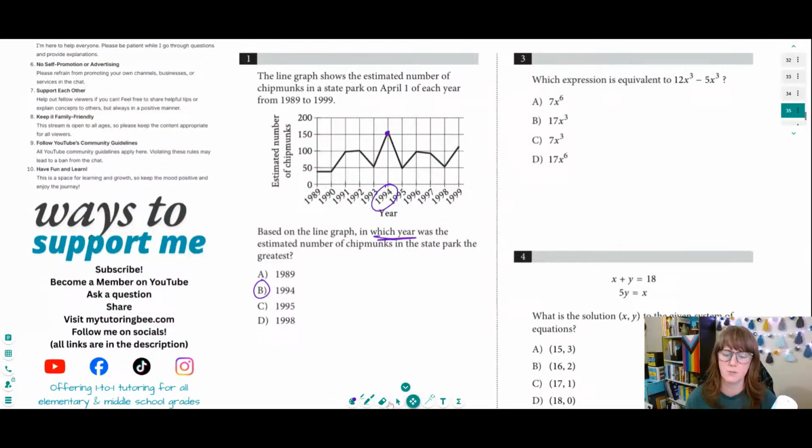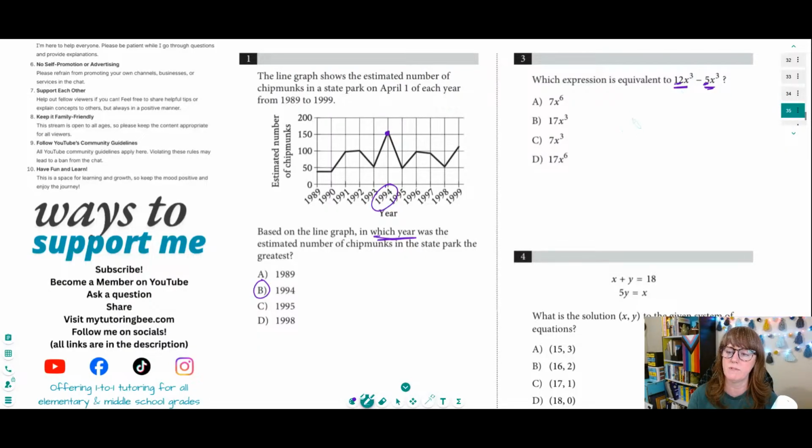All right, on to problem 3. Which expression is equivalent to 12x cubed minus 5x cubed? All right. We do have like terms here, and we can see in all of our answer choices, we just have a single term. So whenever we have like terms, we are going to perform the operation on the coefficient only, and then that term, the variable and its exponent, is going to stay the same.